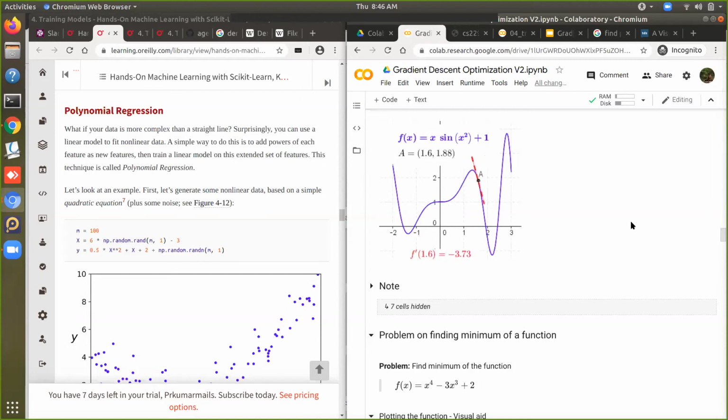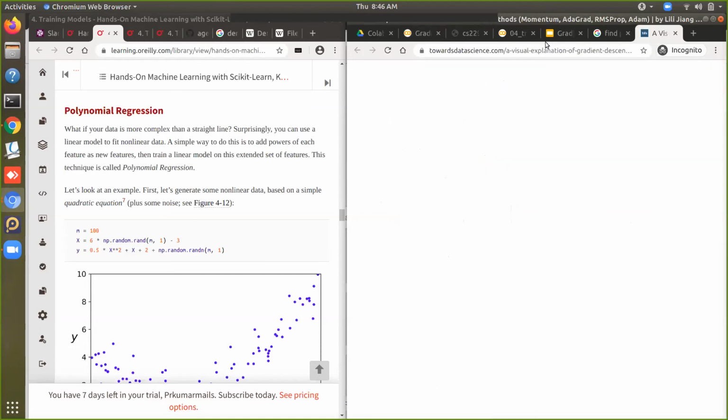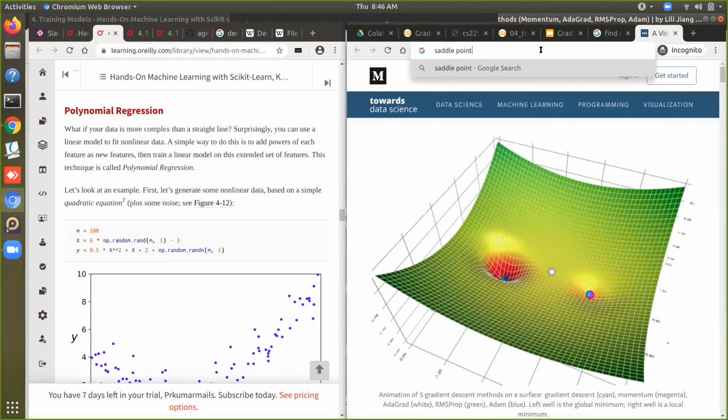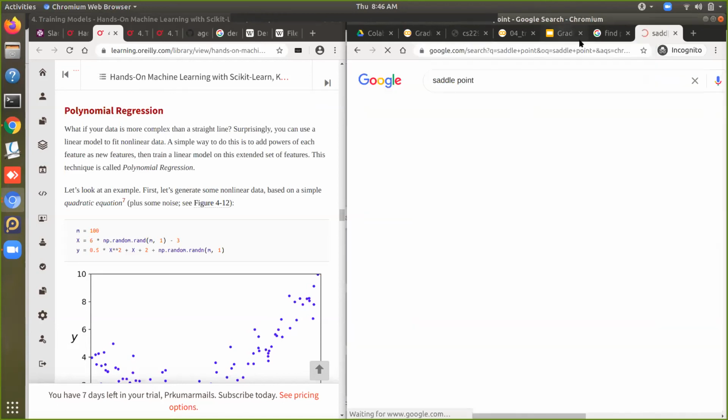If you want to see it in 3D, maybe Rajesh, if you just Google saddle point, everyone can see that.